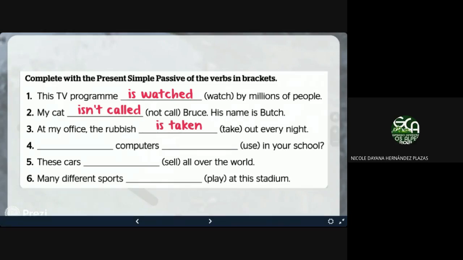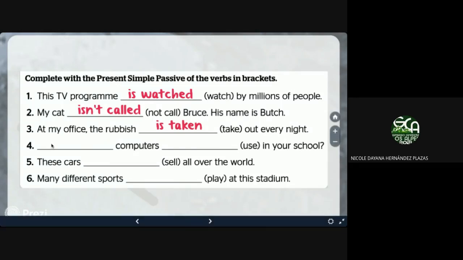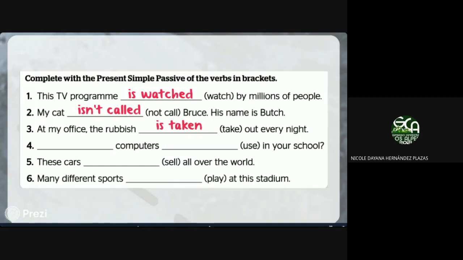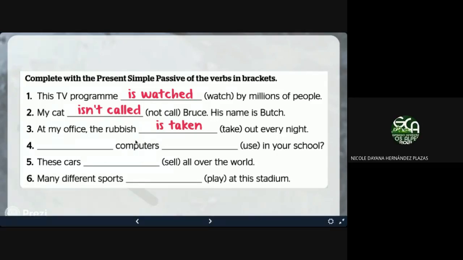Let's continue with Juan Sebastian. Juan Sebastian, the next one, please. Do you have a space, computers, a space in your school? This is a question. So how can you do it, Sebas? Is computers used in your school? So once again, computers. Look at your object.